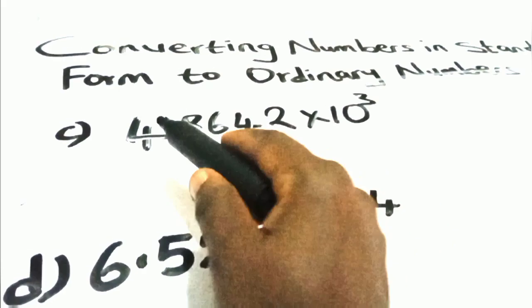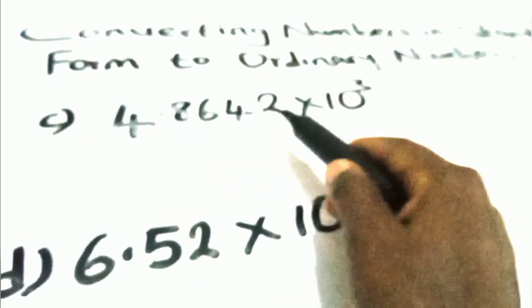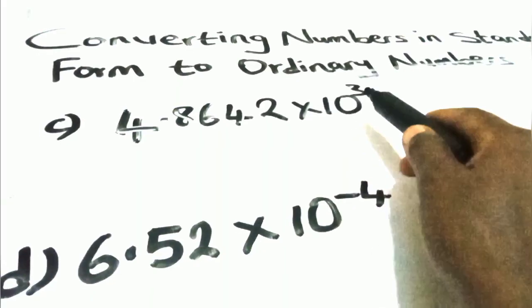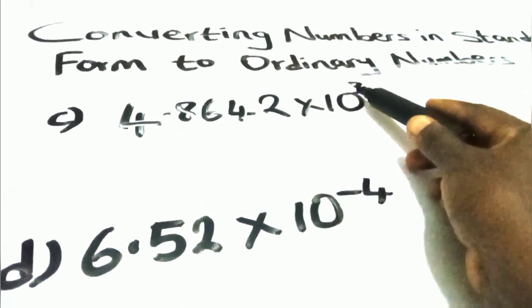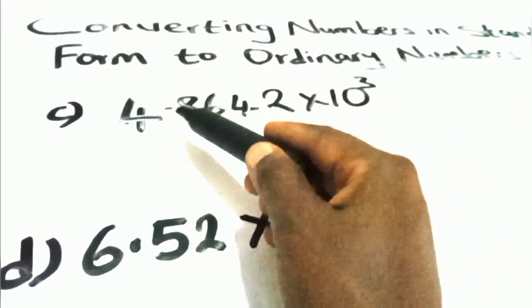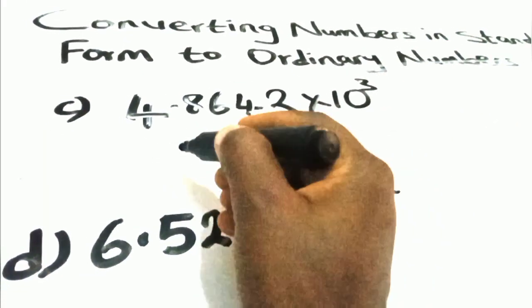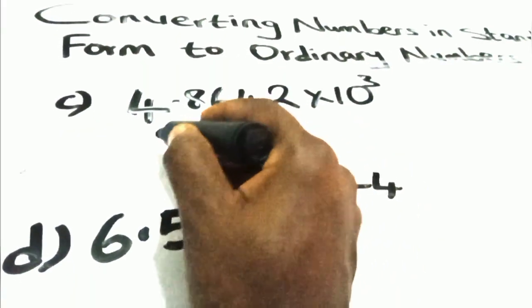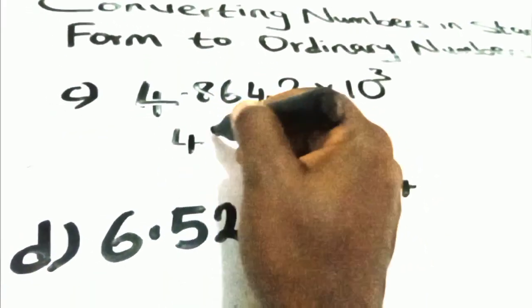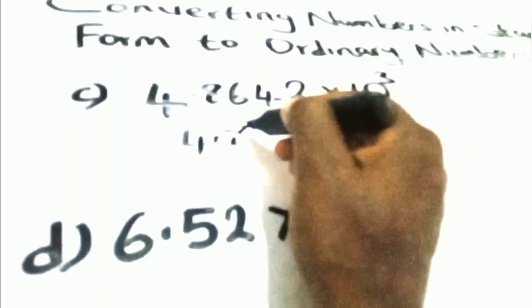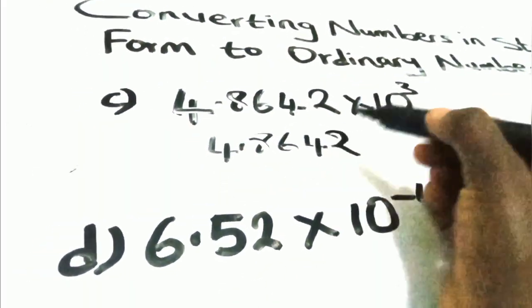Looking at the next example, 4.8642 times 10 raised to the power 3. So our power of 10 is 3 and it's positive 3, indicating that the point will move from left to right. So I'm going to write it: 4.8642. 3 steps.